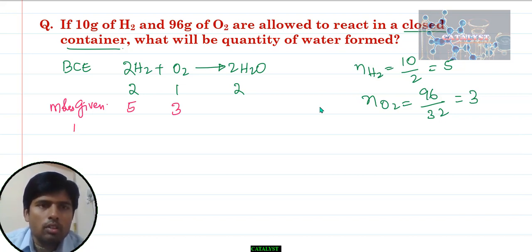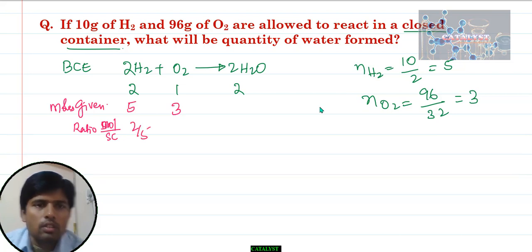So the ratio of given moles to stoichiometric coefficient is 5 by 2 for H2, and this will be 3 by 1 for O2.